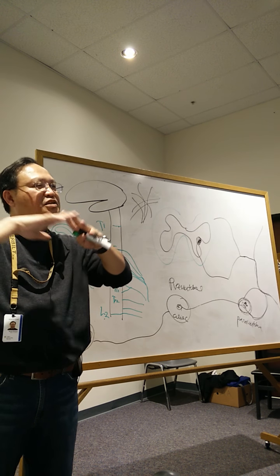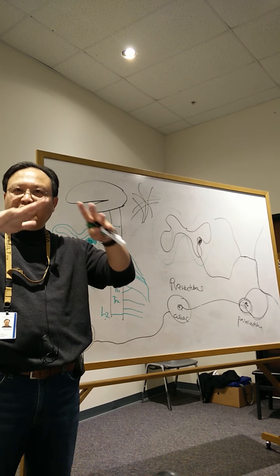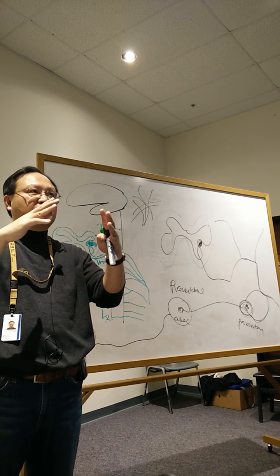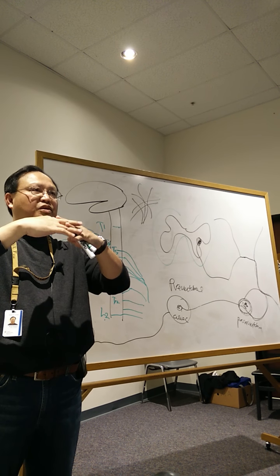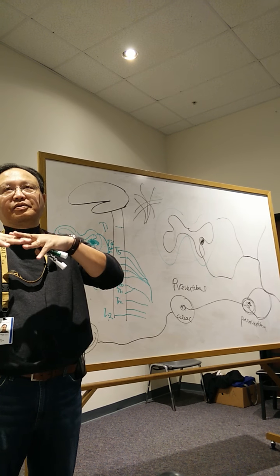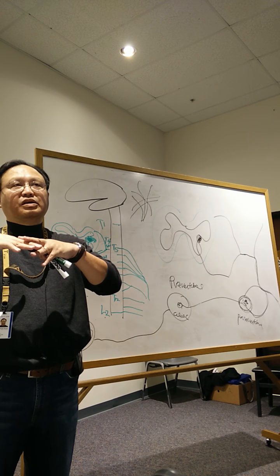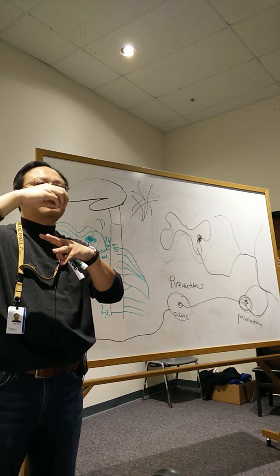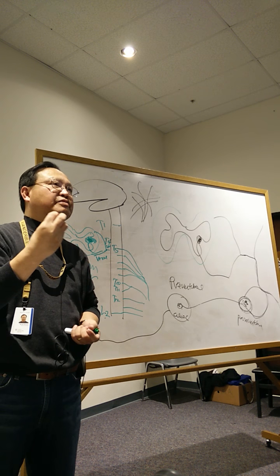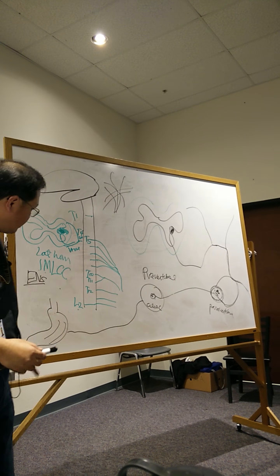But plexuses are just nerve fibers in large amounts in a certain area. So there are nerve plexuses around the celiac trunk. So you have a celiac plexus. You have nerve plexuses around your superior mesenteric artery. You have a superior mesenteric plexus. Okay? But you also have ganglia in those, which are cell bodies. Follow so far? Okay.